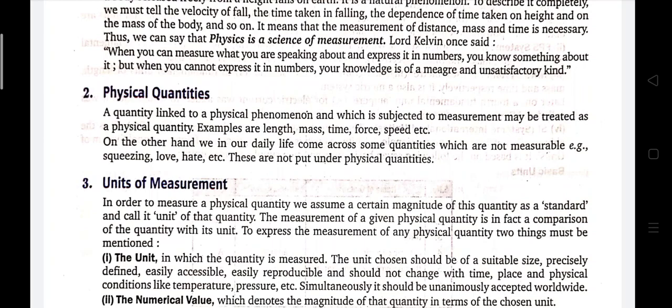On the other hand, in our daily life we come across some quantities which are non-measurable, which are abstract, like abstract nouns: feelings, emotions, love, hate. These are not put under physical quantities. So any quantity that can be measured is a physical quantity. Quantities that cannot be measured are abstract.